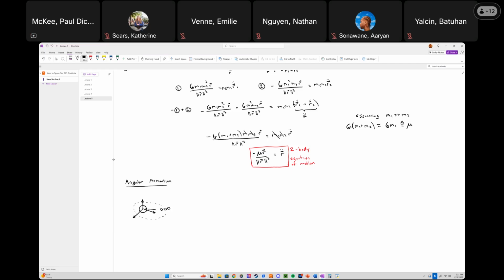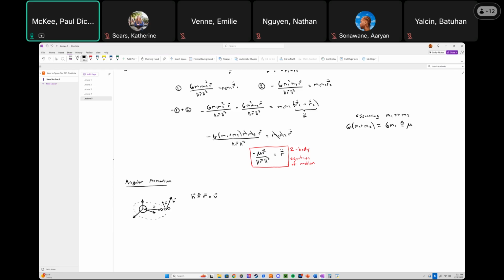It's got some position R, it's got some velocity V. Then it also has some H, where H is your angular momentum, and it is defined as R crossed V.